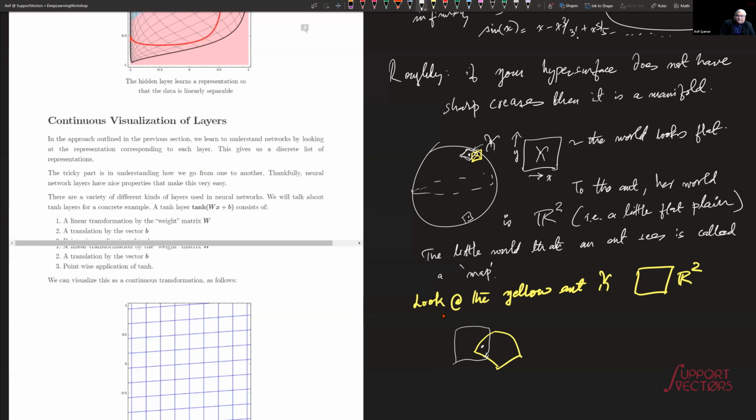The white ant has coordinates X and Y. And the yellow ant has its own coordinates for the same point P. Yellow ant would say X prime, Y prime, isn't it? So far so good, guys. And you realize that the yellow ant is sitting here and the white ant is sitting here. And see, the yellow ant and the white ant are not different, because these two maps, one can be diffeomorphed to the other, right?